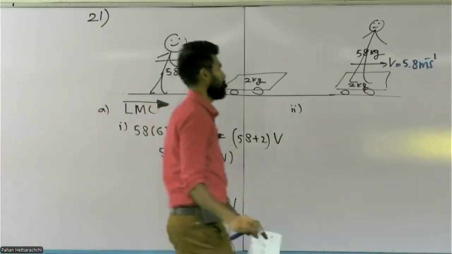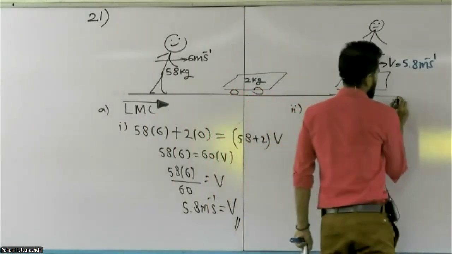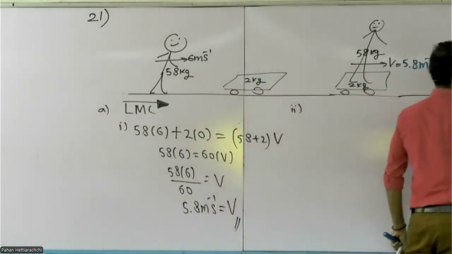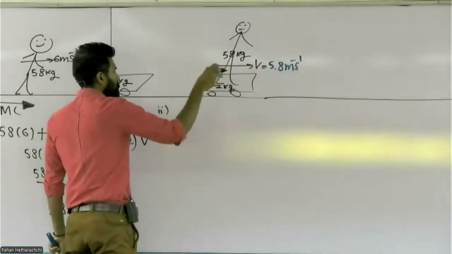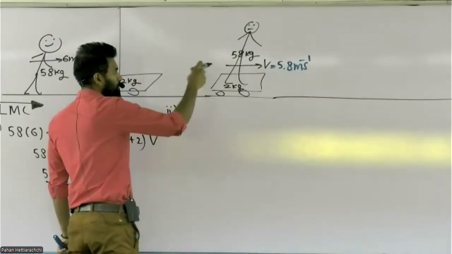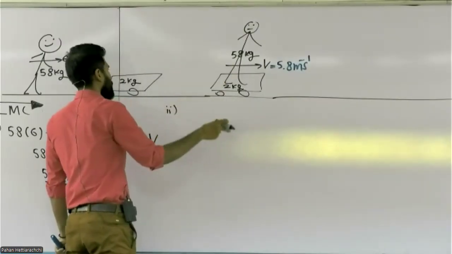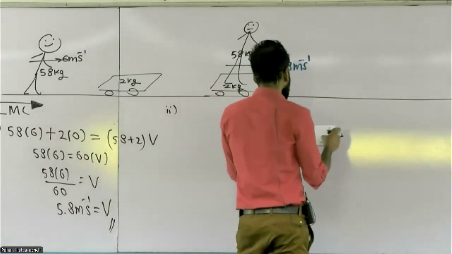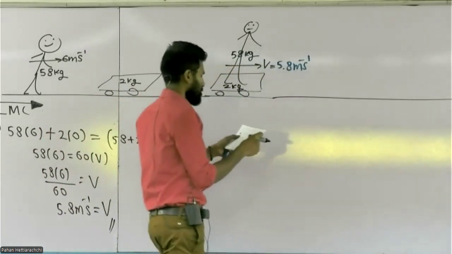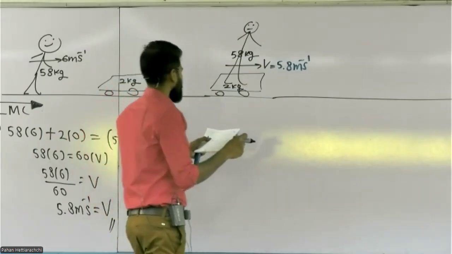Now there's another problem. Now I will continue the diagram, or you can go to a separate one. This 58 kg man on the 2 kg trolley is moving to the front direction with the 5.8 meters per second velocity. Meantime, he meets the second athlete. There's another athlete.